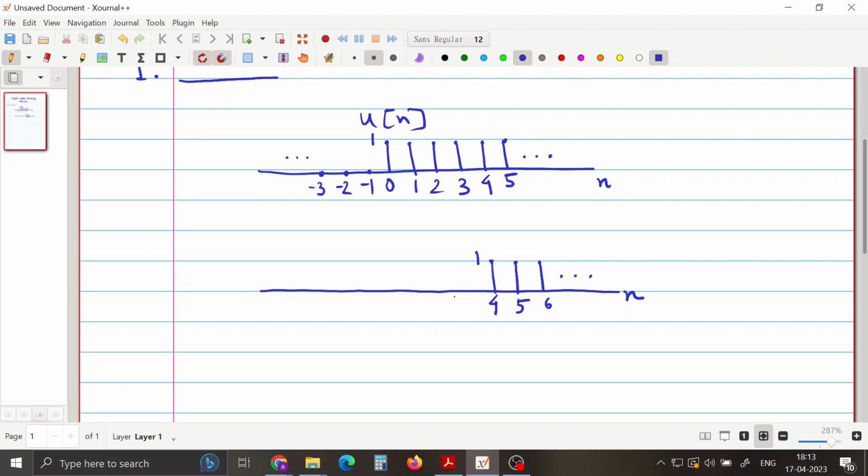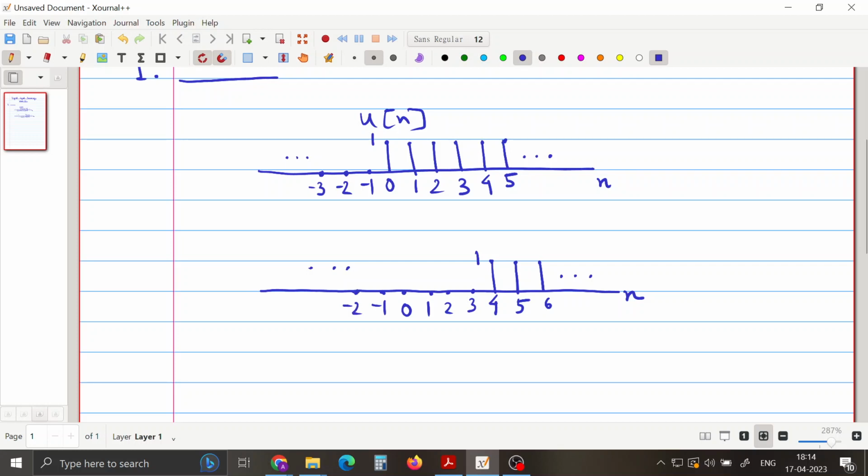And for all n less than 4, such as 3, 2, 1, 0 and so on, it is simply 0. I'm not showing all the indices, of course.